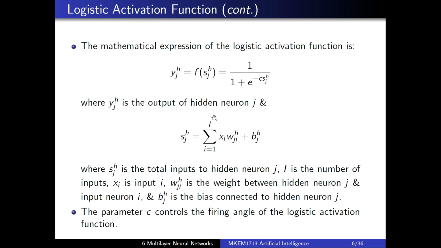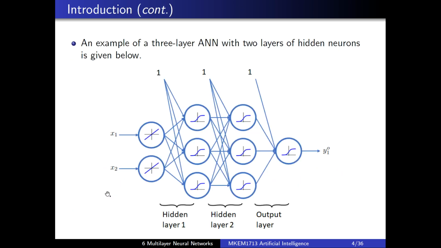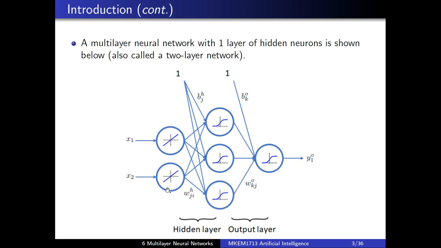So capital I is the number of inputs. Here capital I is 2. We will see later that the total number of hidden neurons we will refer to as capital J. Capital J here is 3. And the total number of output neurons we will refer to as capital K. And capital K here is 1.